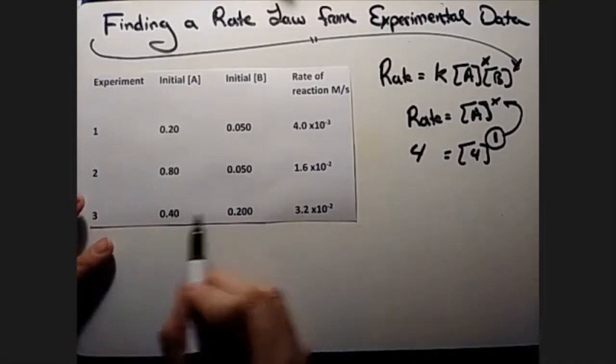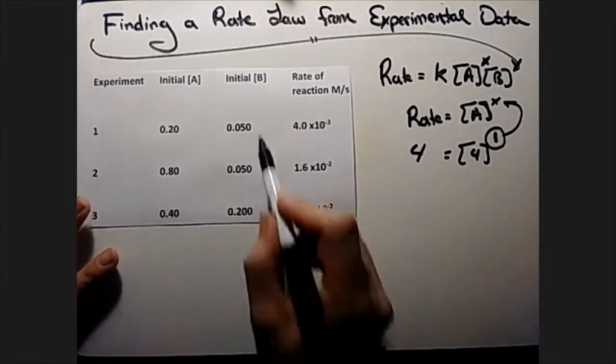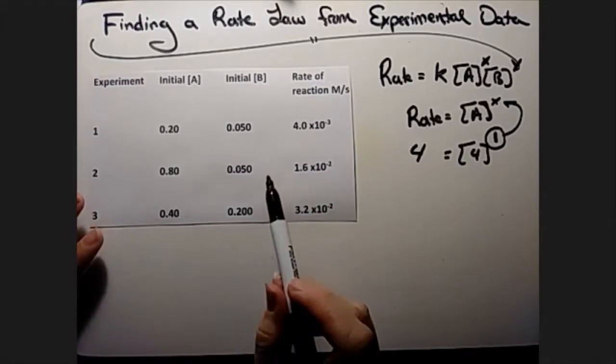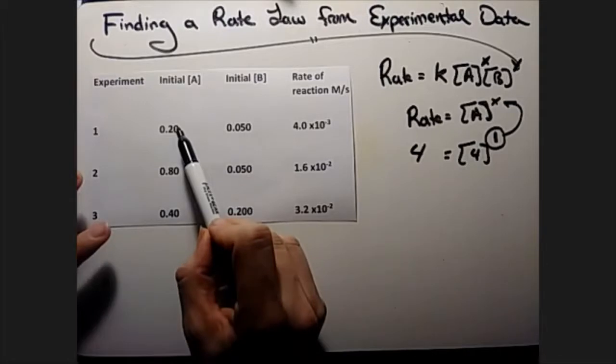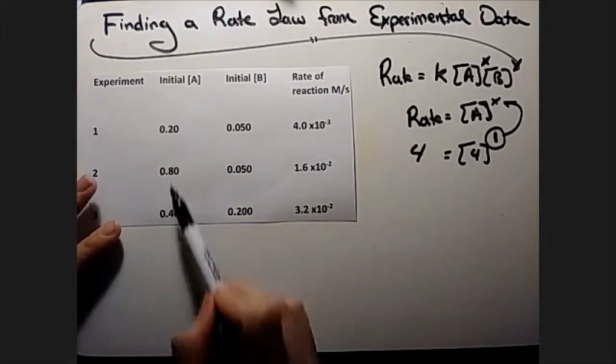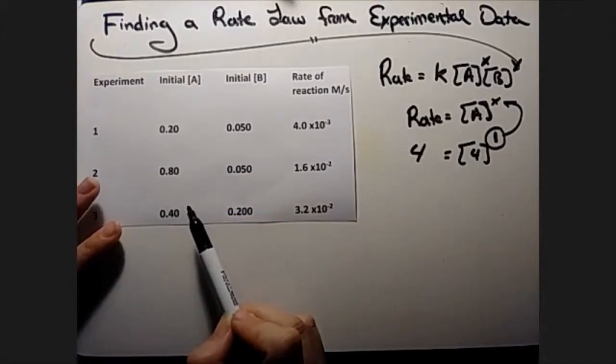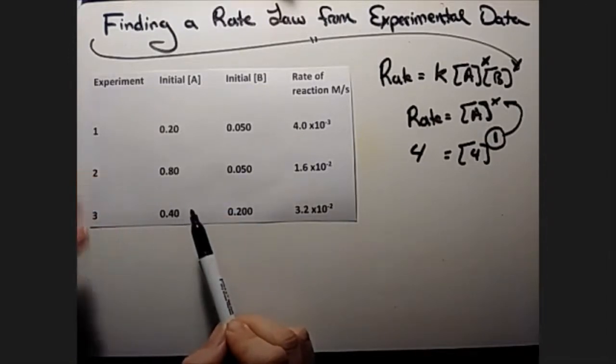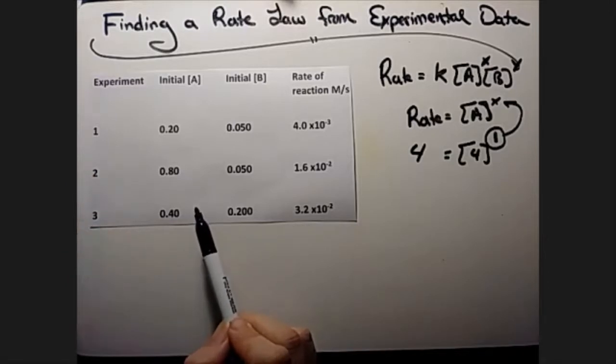Now I'm going to go back and I'm going to examine my data because I still need to try and figure out what B's influence in fact is. And unfortunately, I noticed that I don't really ever hold A constant. But that's okay, because I already know what A's influence is. I know that its order with respect to A is going to be first order.